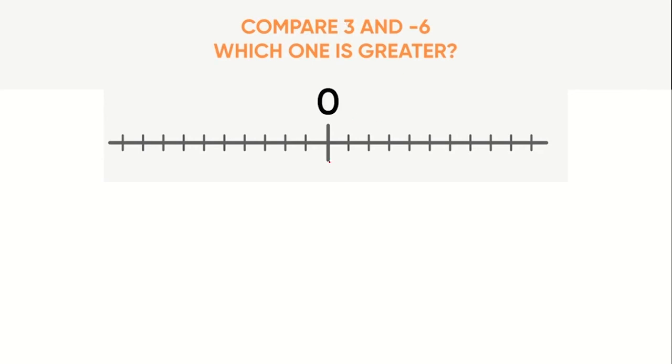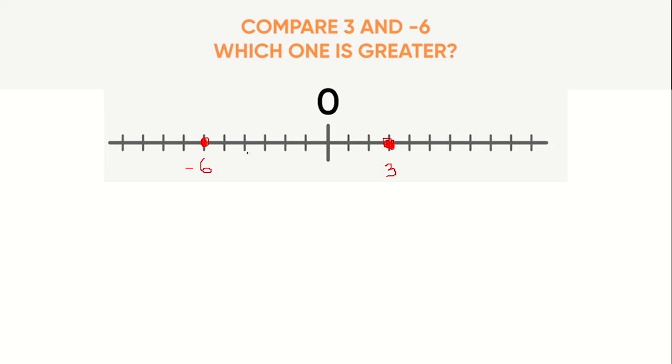So 3, let's say our scale would just be 1. So that's 1, 2, 3. So 3 is here. And then negative 6 from 0, that's 1, 2, 3, 4, 5, 6. So 6 is here.